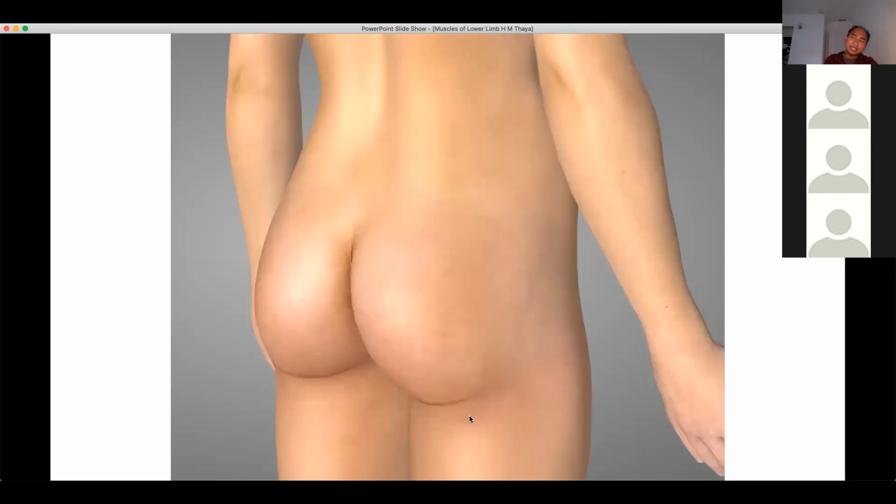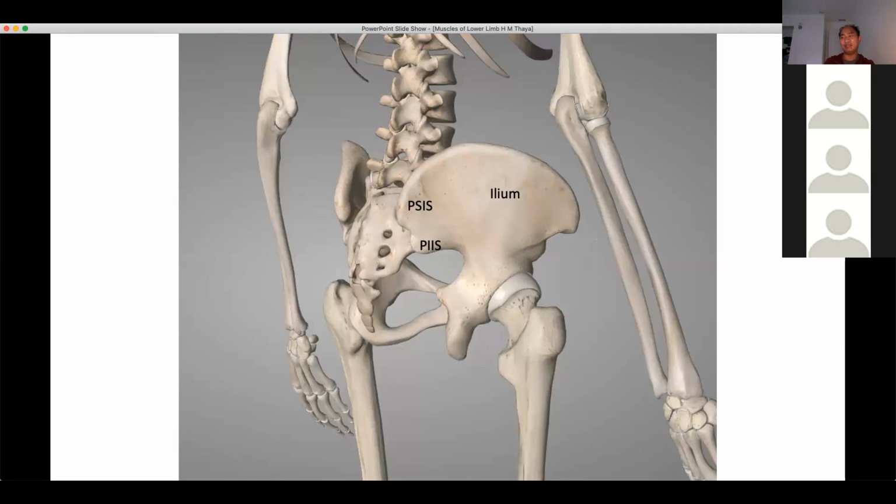So that's somebody's buttock. Let's remove everything. That's what we have, that's you and me. We have the ilium, the bone plate, and this is what we call the iliac crest, anterior superior iliac spine, posterior superior iliac spine, anterior inferior iliac spine, and posterior inferior iliac spine.